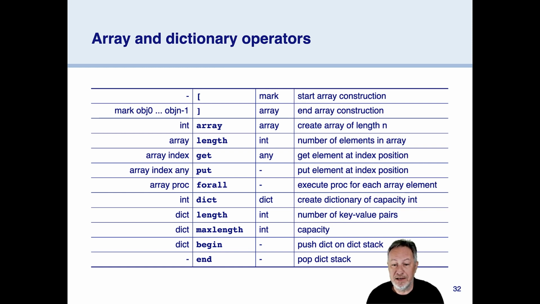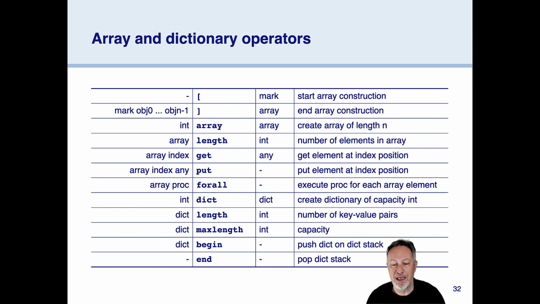By saying dict begin and end, begin will push that dictionary onto the dictionary stack, and popping it happens with end. So what effect this has: if you create a dictionary and put keys and values into it, everything that's in that dictionary is available to you, whether it's a variable or a procedure, as long as that dictionary is on the dictionary stack.